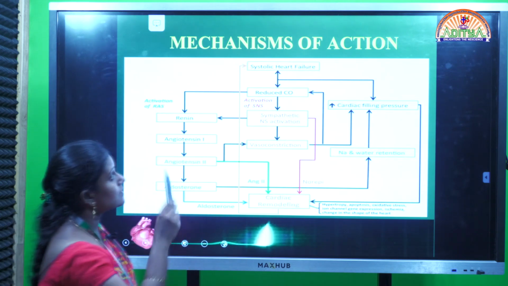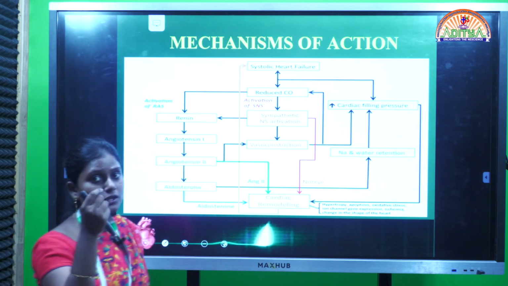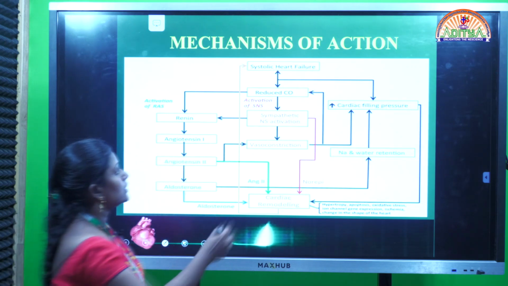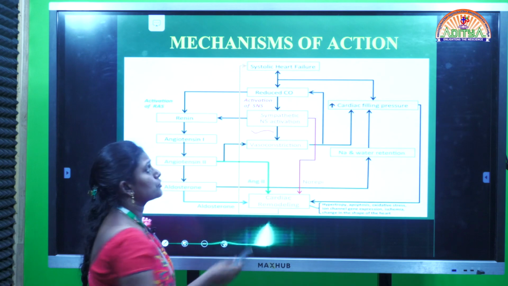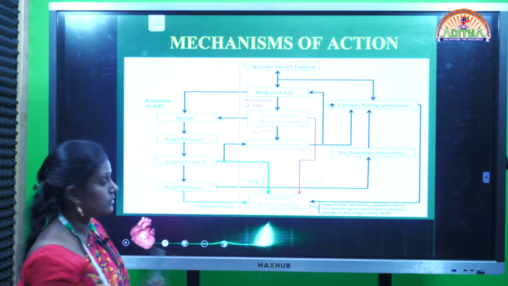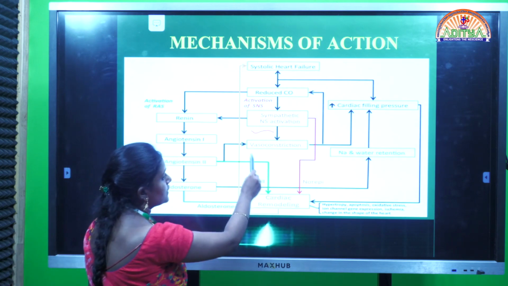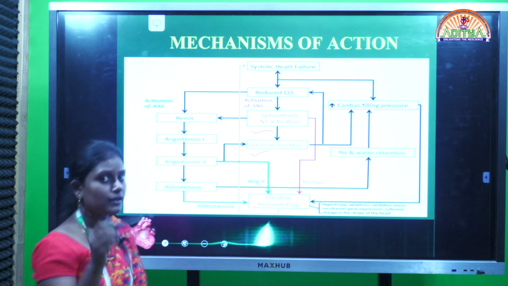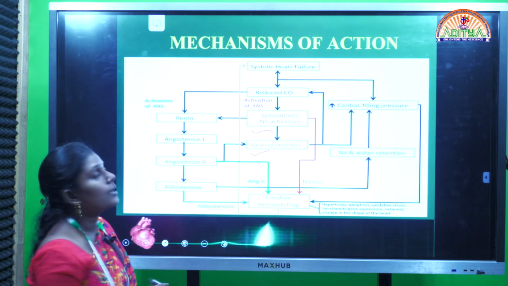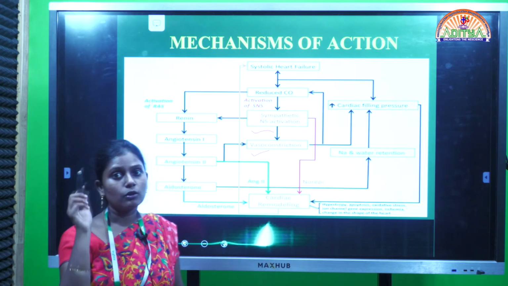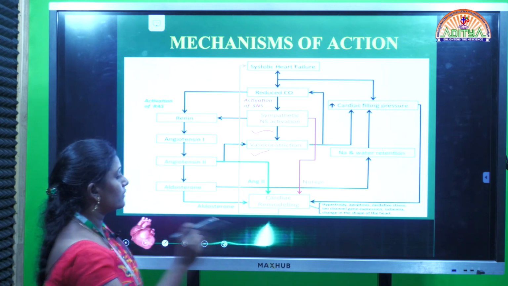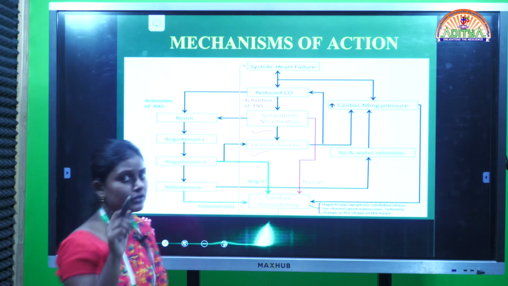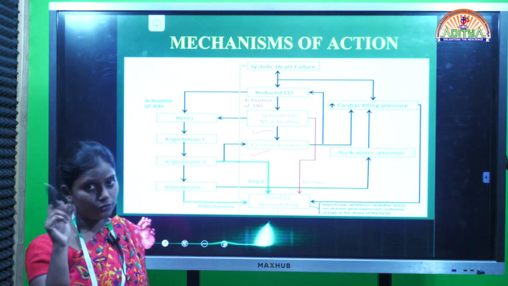In heart failure, you can see the reduced CO level, which involves an activation of the sympathetic nervous system, leading to vasoconstriction. So those beta adrenergic drugs are mainly involved in maintaining or regulating CO levels. They will lead to dilation of the vessels.